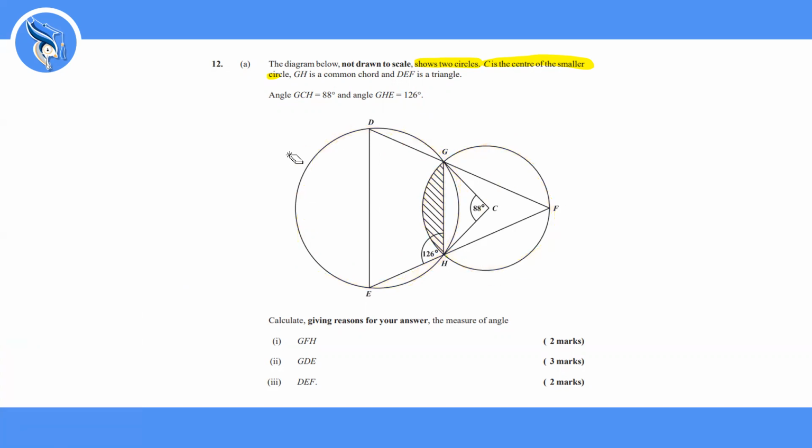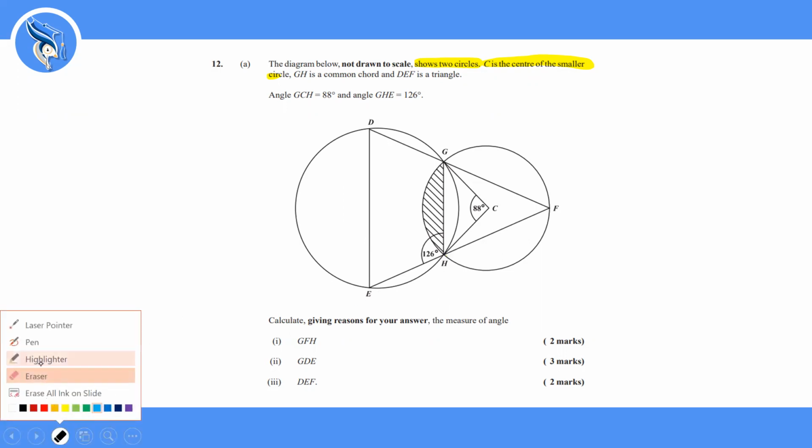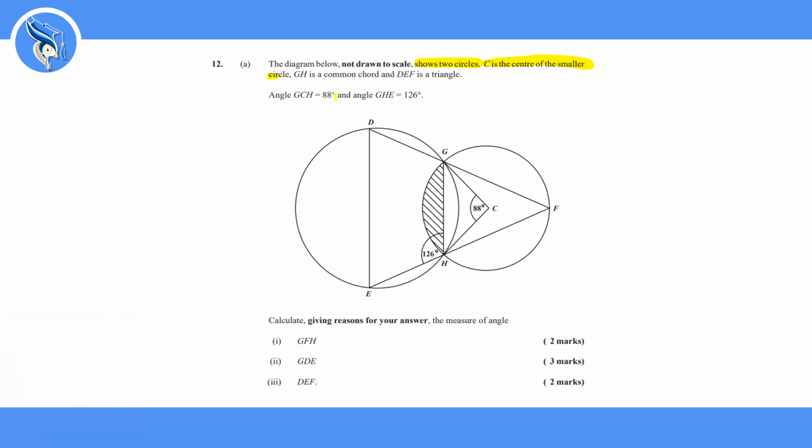All right, let's clean up. Now, DEF is a triangle. And angle GCH is 88 degrees. Wrapping up, don't fall asleep, concentrate for this one.